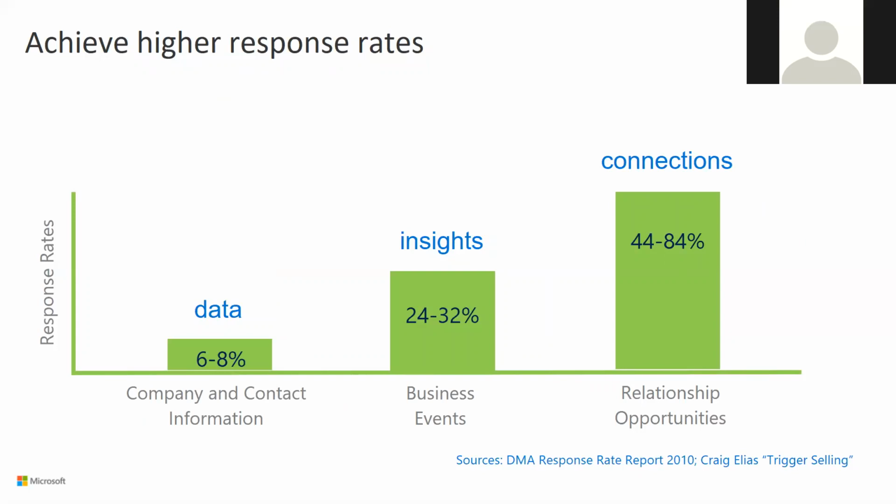Think of this as a business card on steroids, a business card with additional information like the size of the company the person is at, which industry they're in, and even where they're located. And the author goes on to say, if you add a timely, relevant message, the likelihood of you getting a response increases by 24 to 32%.